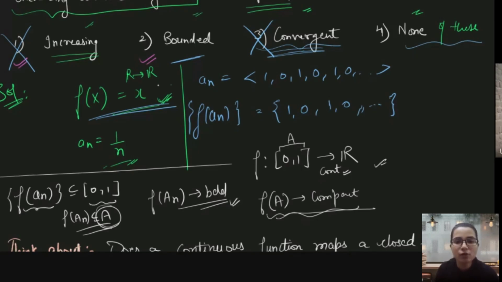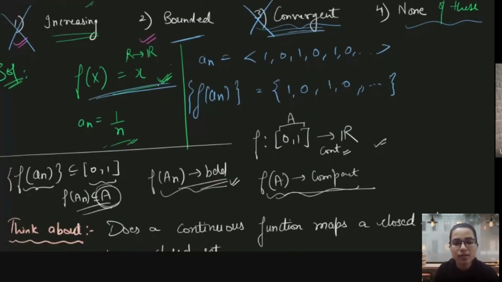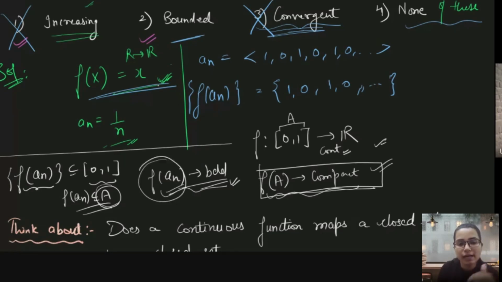It might not be closed, but it will be bounded. So f of A, the range set of this closed interval 0, 1, is compact. So that means f of an is bounded. And when I talk about the range set of f of an, the small an, this f of an is a subset of f of A, and if I apply f on A, then this is a compact set.